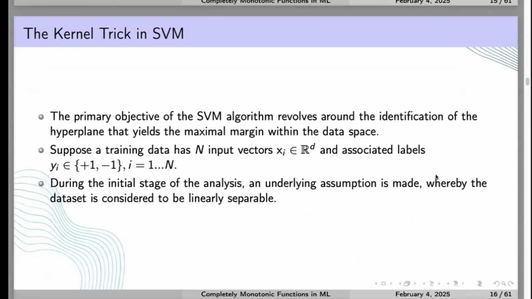The primary objective of the SVM algorithm revolves around the identification of the hyperplane that yields the maximal margin within the data space. Suppose a training data has input vectors and associated labels +1 or -1.